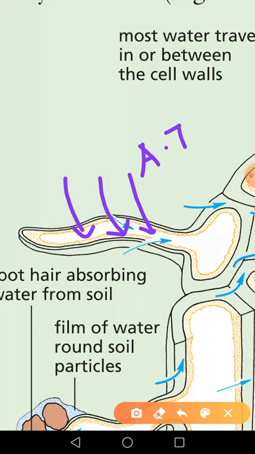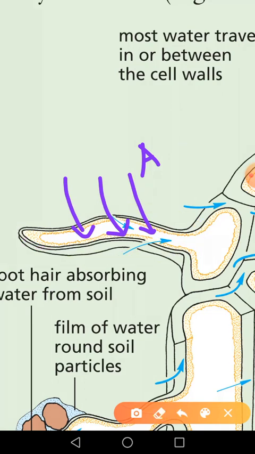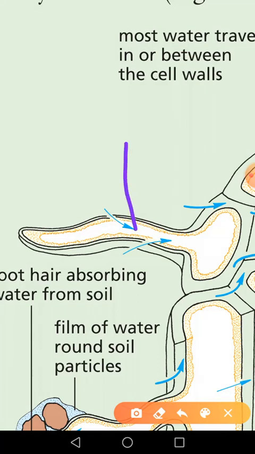Why active transport? Because these root hair cells already contain a lot of mineral ions like sodium, potassium and nitrate. Still the root hair cell is trying to pull in more ions from the soil.